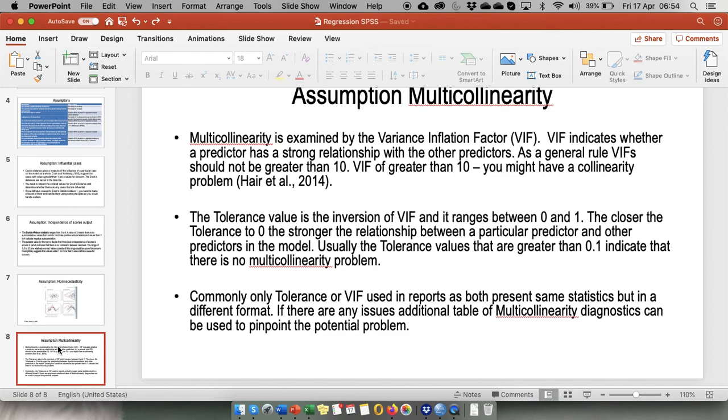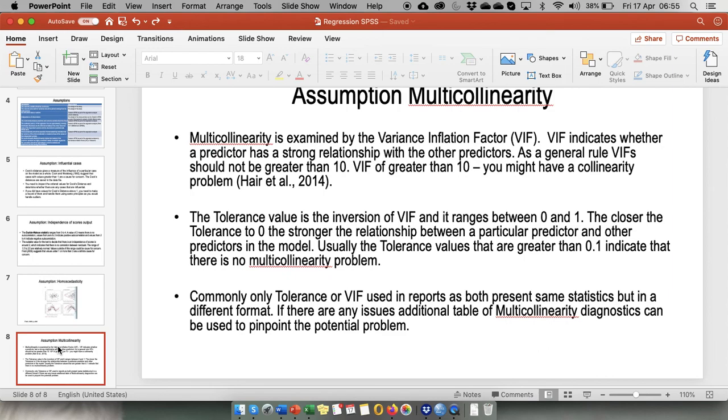As a general rule, we want the variance inflation factor to be no more than 10. If we have a variance inflation factor of more than 10, there is a likely problem of collinearity. The tolerance gives us exactly the same information, but it ranges from 0 to 1. The closer the tolerance is to 0, the stronger the relationship between a particular predictor and other predictors in a model.